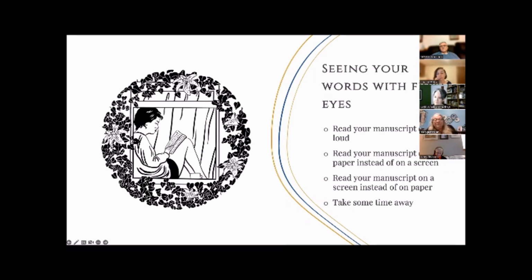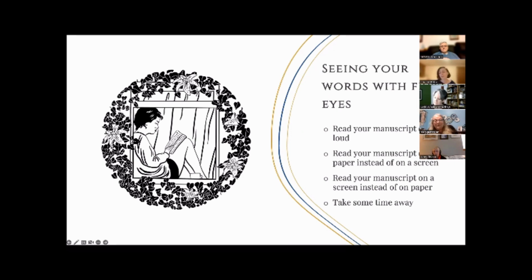The number one thing I can recommend is, if possible, take some time away. Take as much time away as you possibly can, so that you don't have those same lines burned into your retinas in the same way.